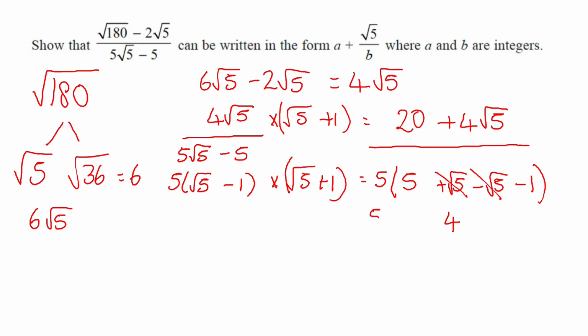So now we've got 5 times 4, so our denominator is now 20. So I'm just going to rewrite out my surd at this point. I have got 20 plus 4 root 5 all over 20.